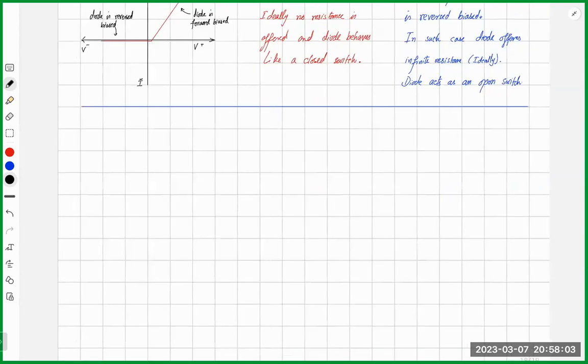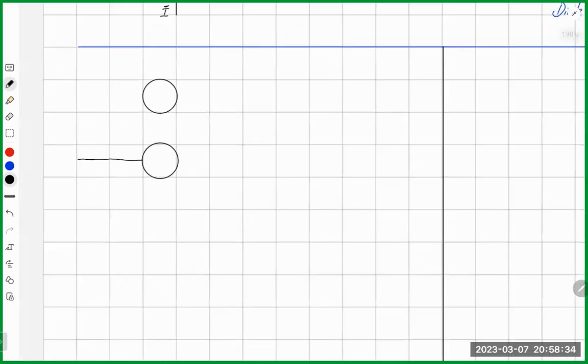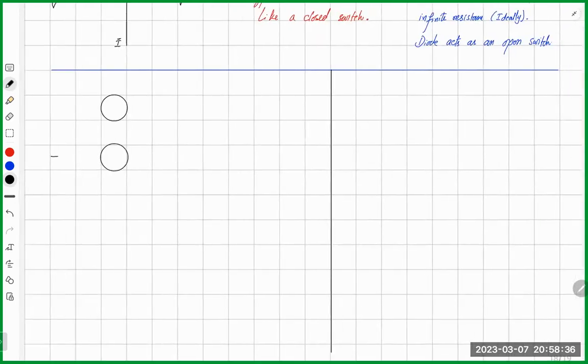Now, we will use this to change the direction or pattern of alternating current. Here we go. We have this voltmeter which is connected in parallel to a lamp. This lamp is connected in a circuit.